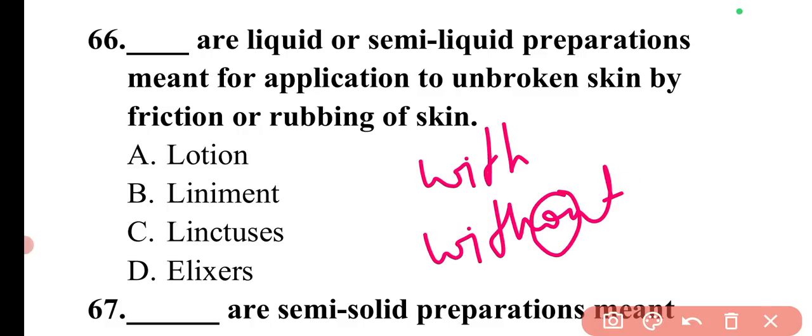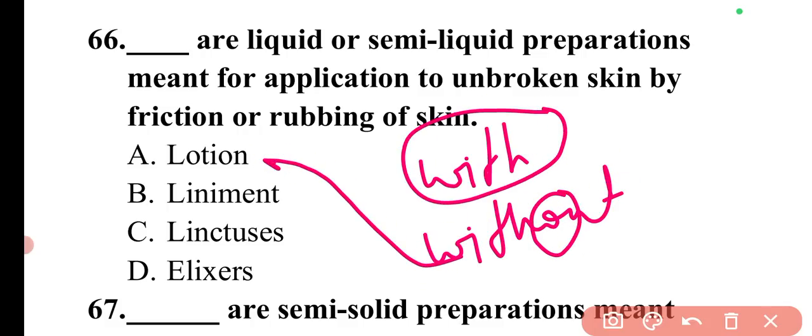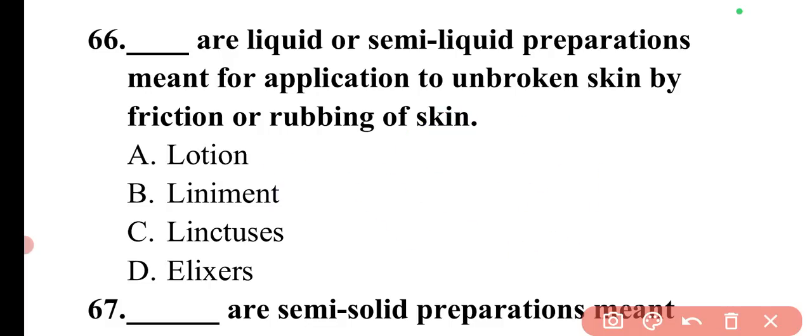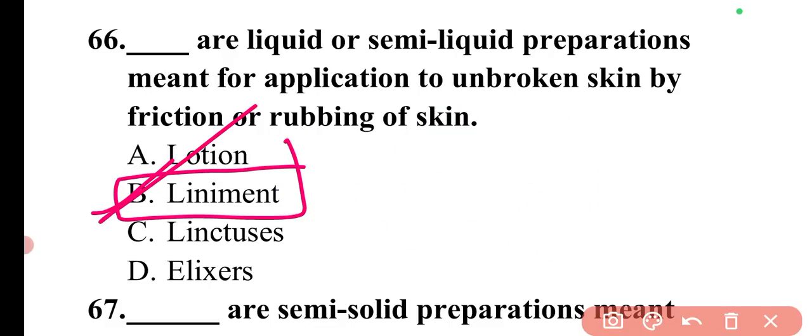In without there is O, and in lotion there is O. In with there is I, or you can say without O is liniment, because there is no O in the liniment. So in that way you can remember the difference between liniment and lotion, which is applied with friction and which is applied without friction. So here the answer will be option number B.